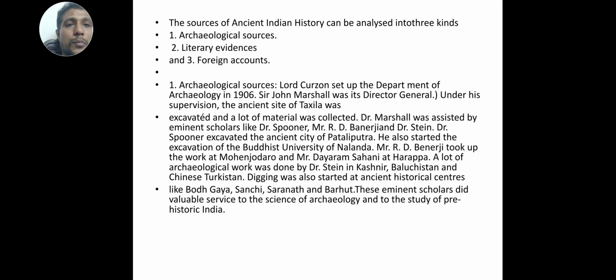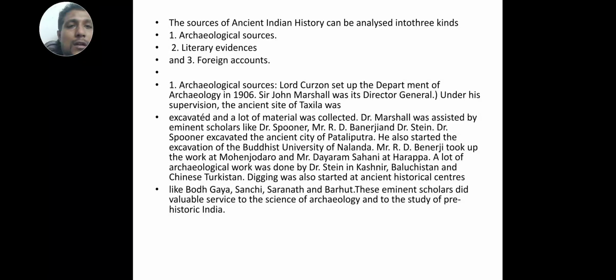Under his supervision, the ancient site of Taxila was excavated and a lot of material was collected. Dr. Marshall was assisted by eminent scholars like Dr. Spooner, Mr. R.D. Banerjee, and Dr. Stein. Dr. Spooner excavated the ancient city of Pataliputra.